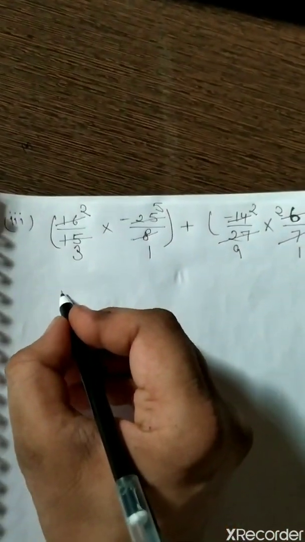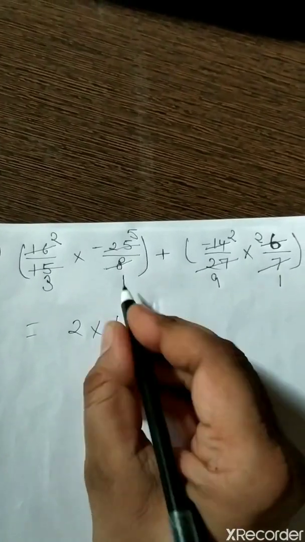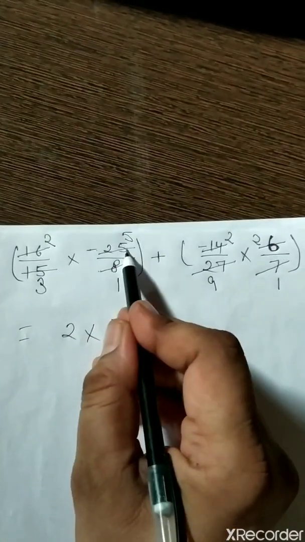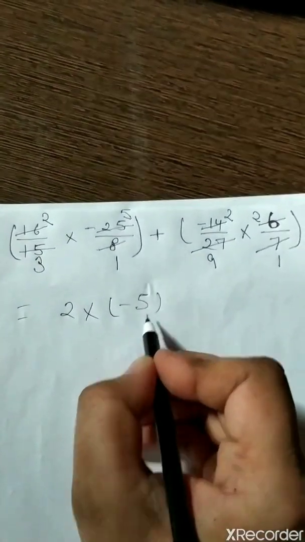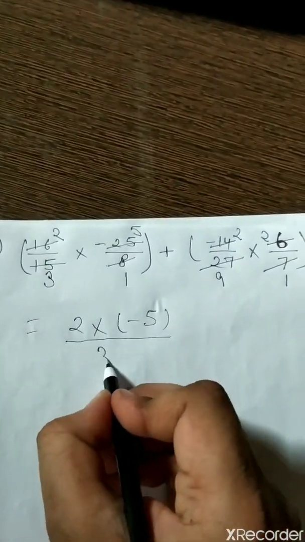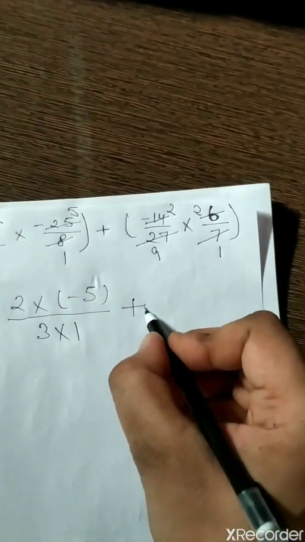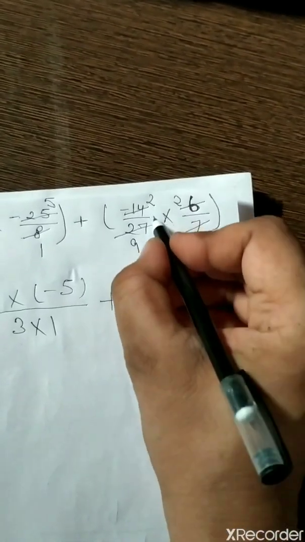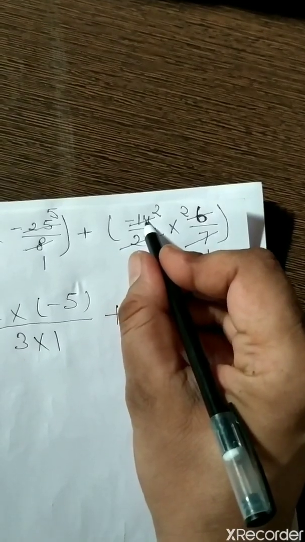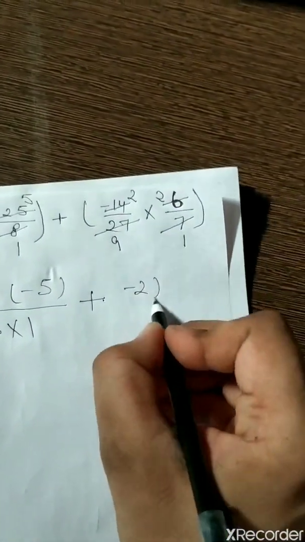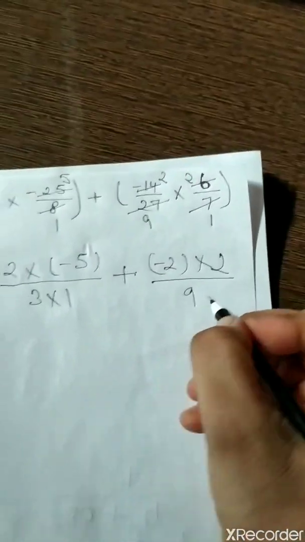So the numbers will come: 2 into minus 5, the minus remaining here, by 3 into 1. In between the sign is plus, so the sign stays as it is. Now 2 into 2, minus remains because the number is minus 14, so minus 2 into 2 by 9.